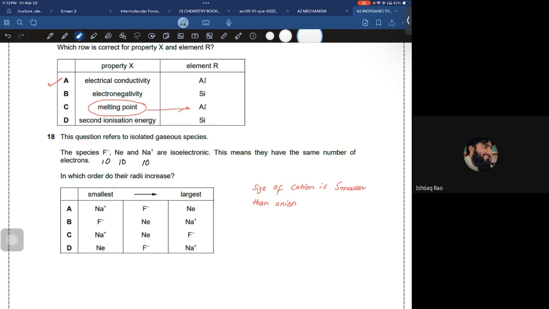You have to select between A and C. Now we have to see which one should be correct. I told you the size of an anion is larger than that of a cation, so C should be correct, because this is the anion. So in this way, an MCQ is going to take less time. Otherwise, if you check all the options, it takes longer. That's why I'm saying you are supposed to note down main points.